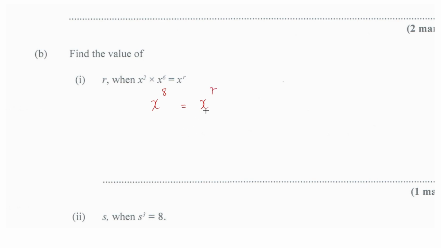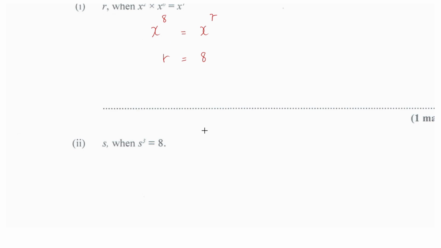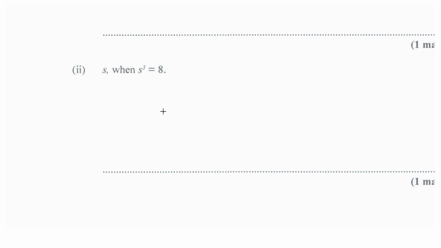So the bases are the same, therefore r equals 8. Part 2. Find the value of s when we have s cubed equals 8. Therefore, we can find the cube root of 8. So s equals the cube root of 8, and that's 2.